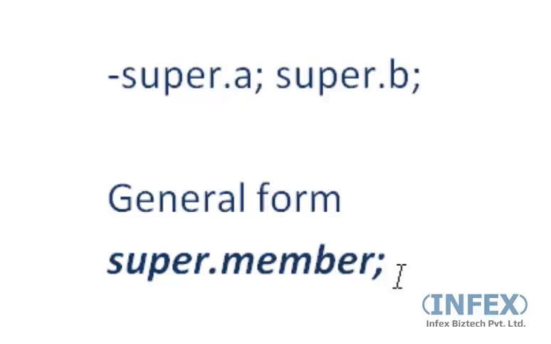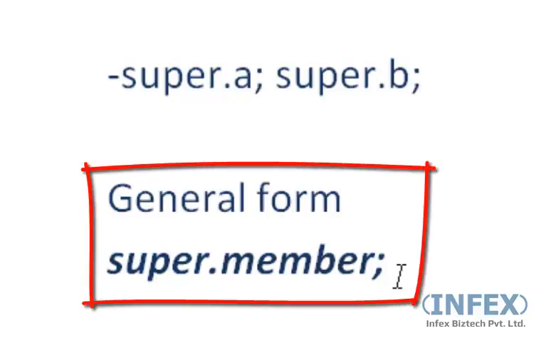Here is the general form of the super keyword: super dot member name. Here the super keyword is used to access the superclass member. Member can be either a variable or method name.